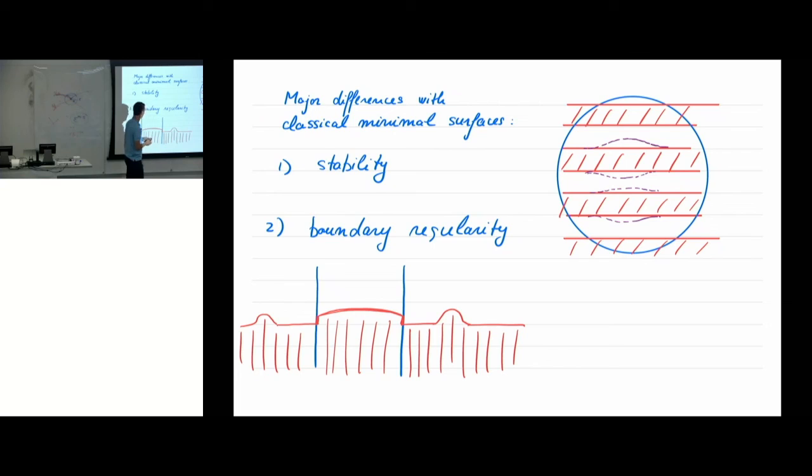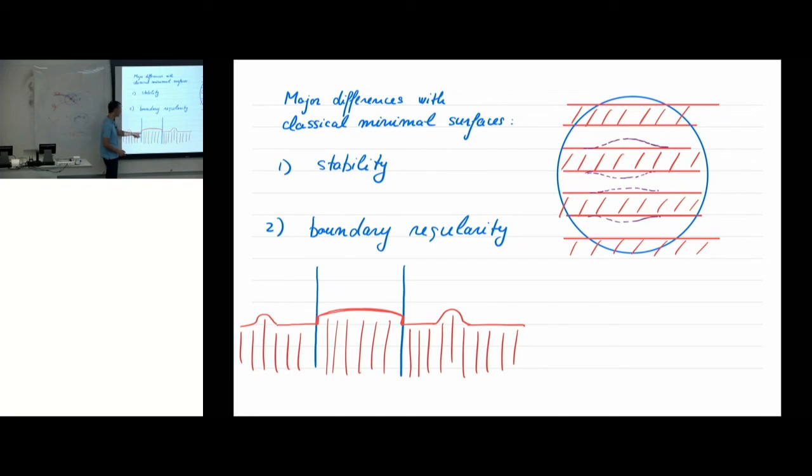And another major difference is about boundary regularity. If you give me very nice data outside, then non-local minimal surfaces are going to, not always, but generically, create a discontinuity at the boundary. That's something, again, that doesn't happen in the local setting. So why such a discontinuity?